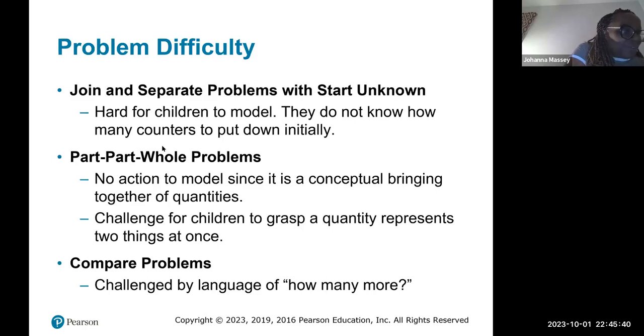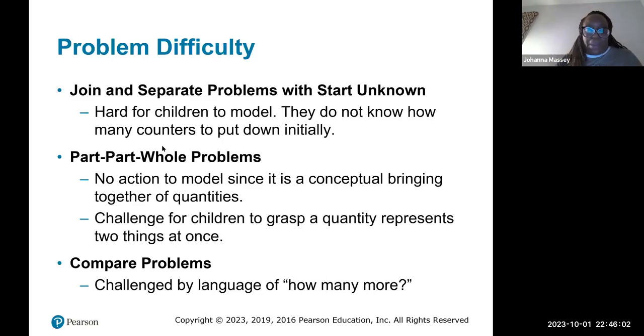I have to remember what they're called. But you'll have those type of problems. There are two things in part-whole problems that lend themselves to that. The challenge for children is to grasp that a quantity represents two things at once. So you can model that, but it's not like you can do an action.